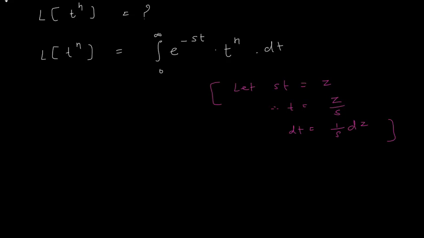Our limits: as t tends to 0, z will tend to 0, and as t tends to infinity, z will tend to infinity.